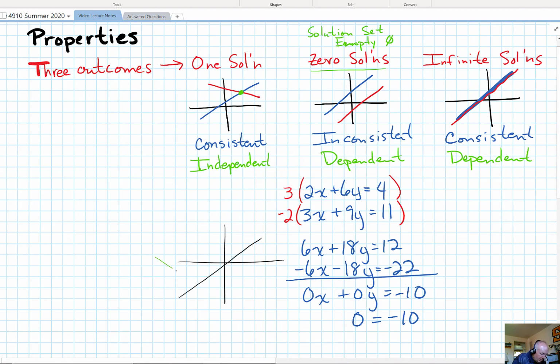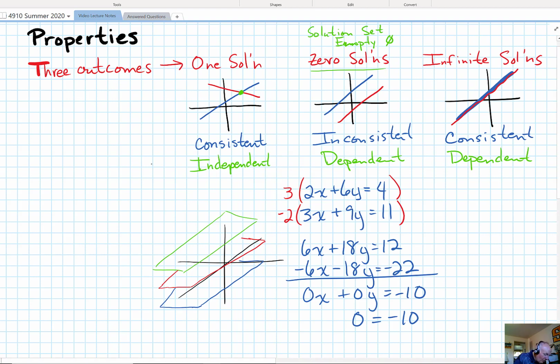My first plane might look something like this, and then my second plane would be parallel, just below it in this picture. My third one is parallel to the other two. So see, there's no place where all three planes intersect. So that's how that would happen in the three-dimensional case.